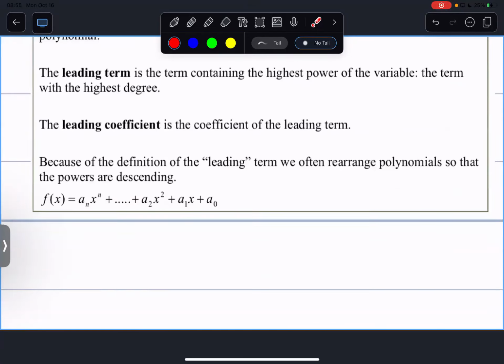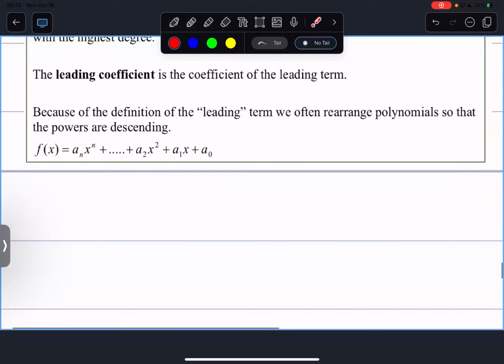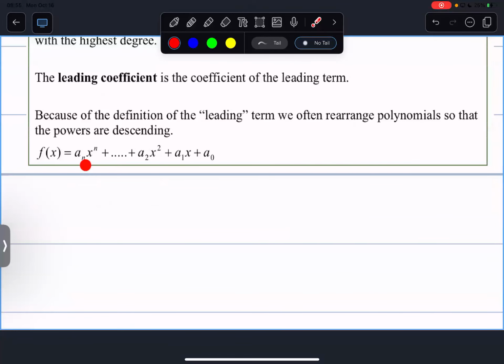Usually what we do, because we're going to be looking for the degree of the polynomial, the leading term, and the leading coefficient, and because it kind of leads the way, is rewrite polynomials in decreasing order of powers.